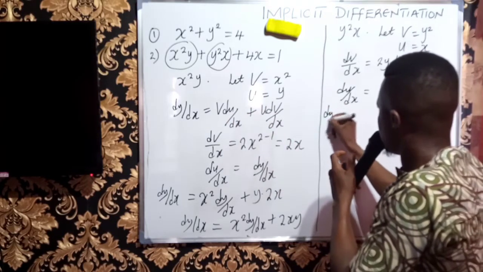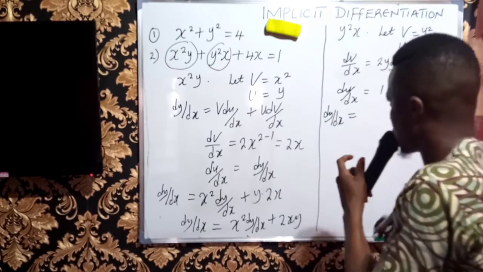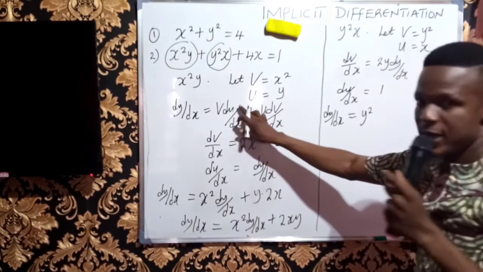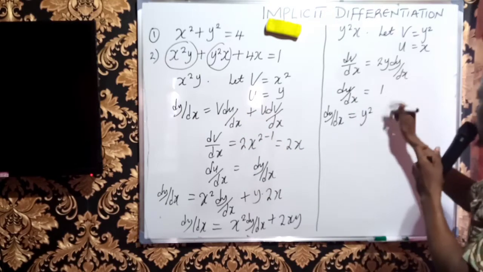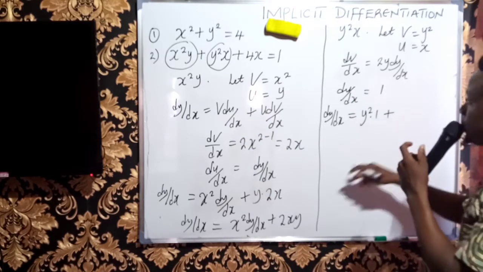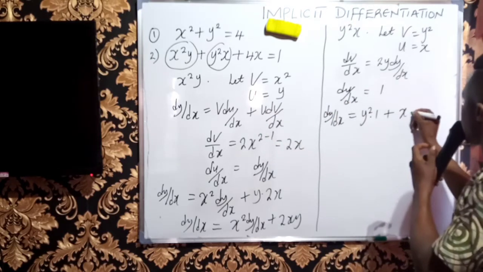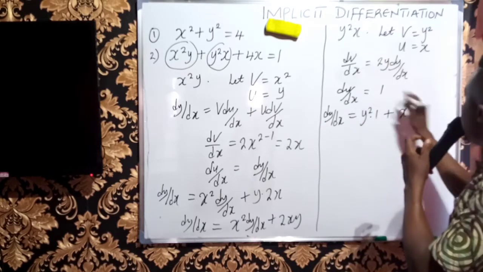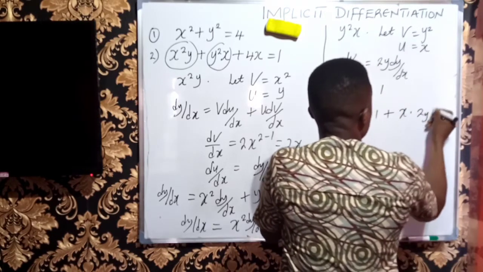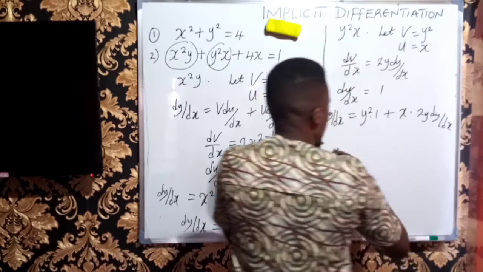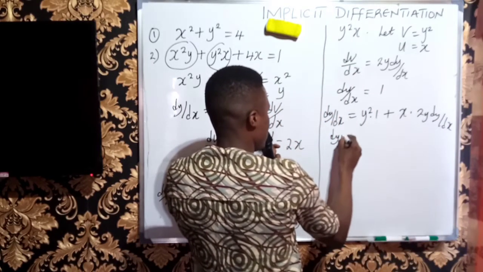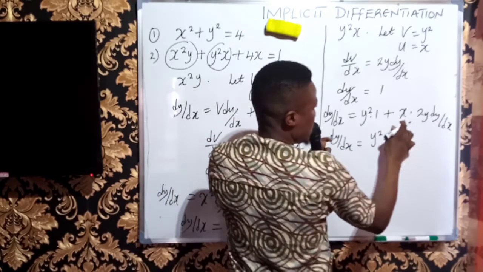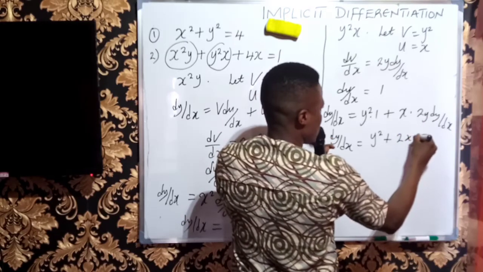I'll have that dy/dx equals v, my v is y squared, multiplying du/dx, which is 1, plus u, my u is x, multiplying dv/dx. dv/dx gave me 2y dy/dx. Simplifying, I have that dy/dx equals y squared times 1 is y squared, plus x times 2y is 2xy dy/dx.